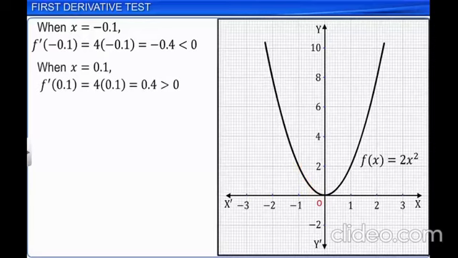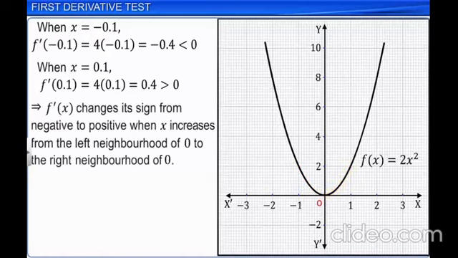It means that the derivative of the function f changes its sign from negative to positive when x increases from the left neighborhood of 0 to the right neighborhood of 0. Hence, we can say that x equals 0 is the point of local minima.